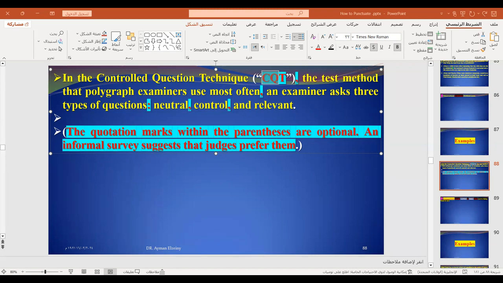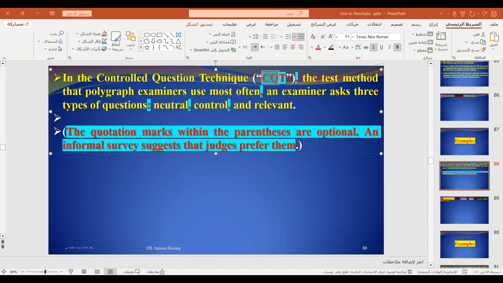That's a shorthand name. It's better to put such a shorthand name between parentheses.